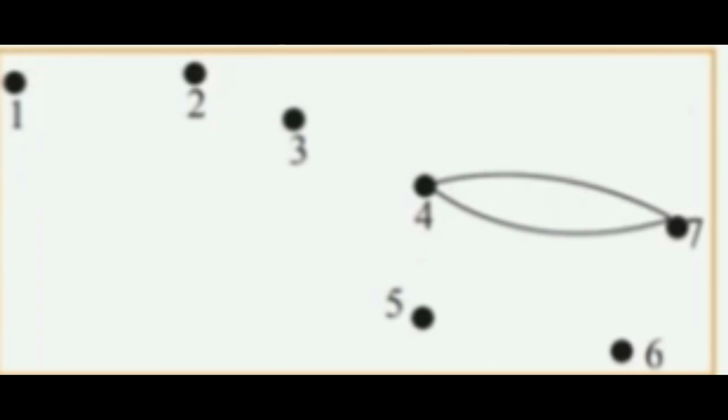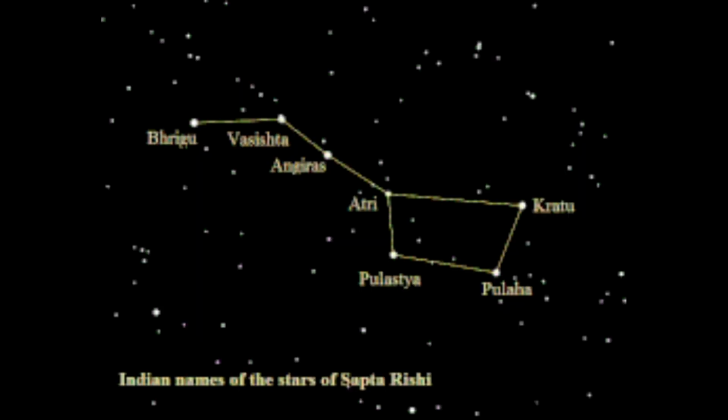Here there are 7 dots given on page number 110. When we join these dots, we get the shape of a spoon, and the Westerners, the foreigners, gave it the name Big Dipper, meaning big spoon.